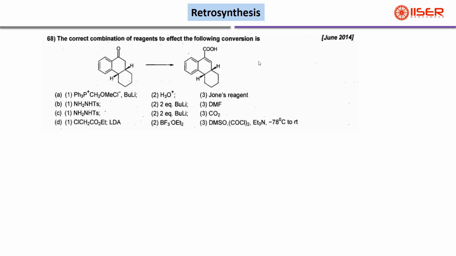What will be the correct combination of reagents to get this product from this substrate? So what is the difference? There is a carboxylic group here and there is a double bond. How is this possible?